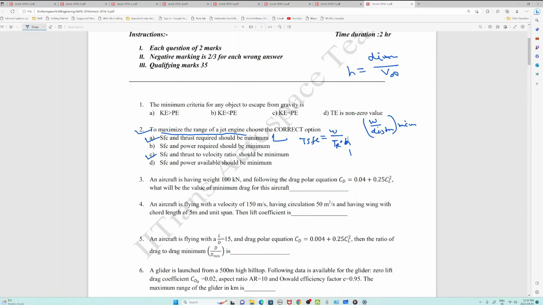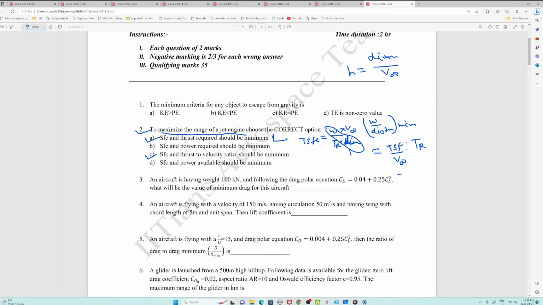So here it will be distance times V infinity, and this factor must be minimum. So this is equal to TSFC divided by V infinity, TR.